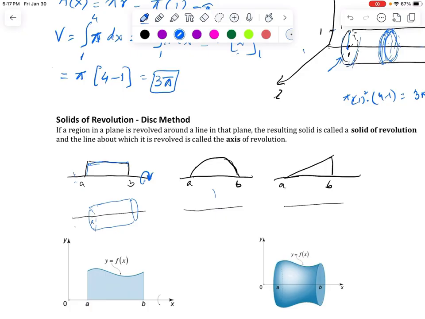The next one is a semicircle. When you revolve it about the x-axis, it will give you a sphere.